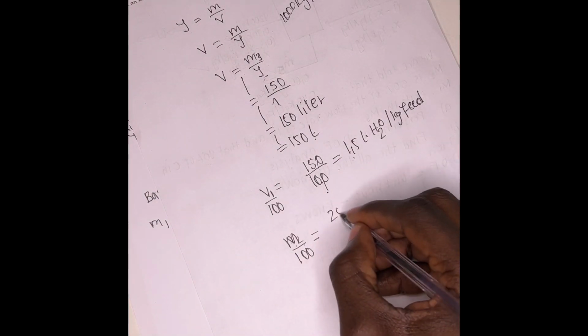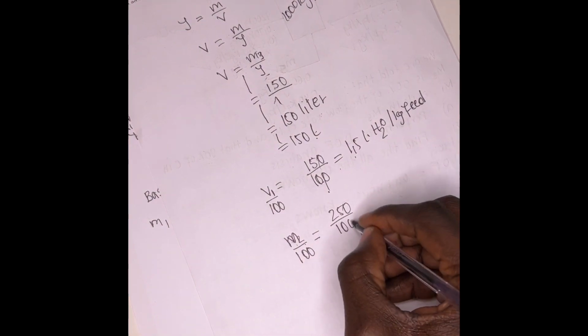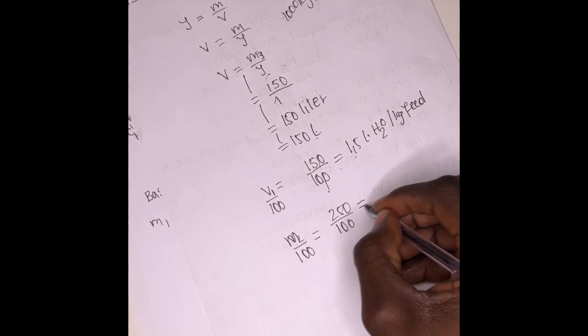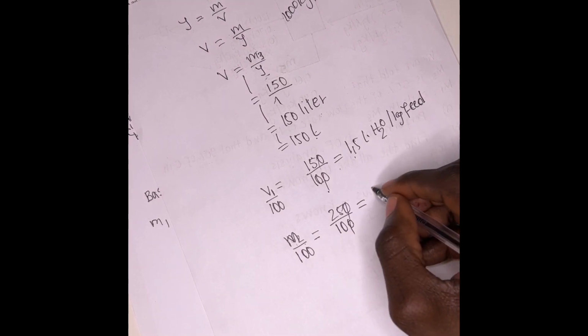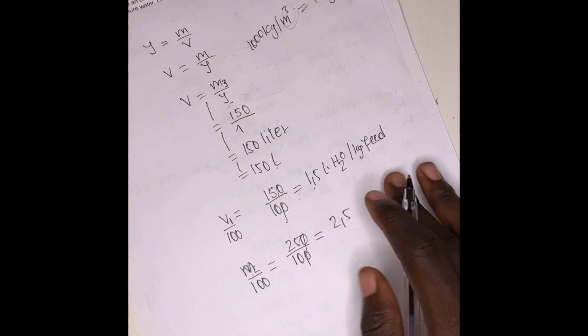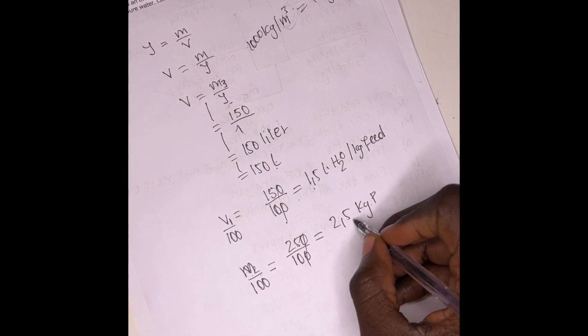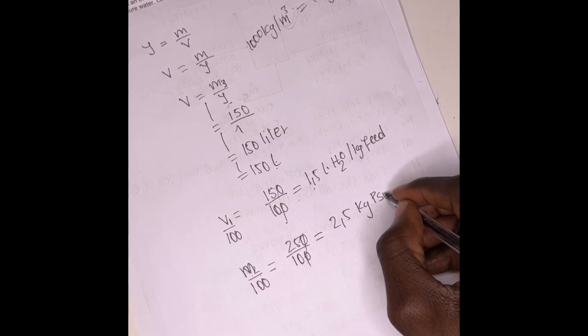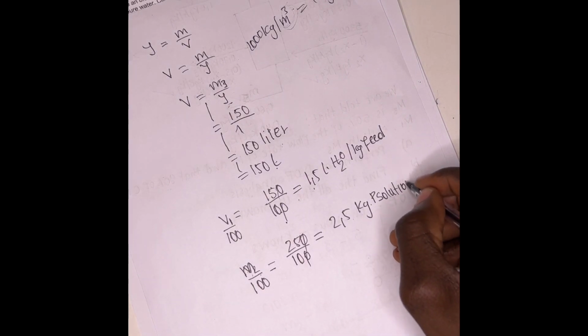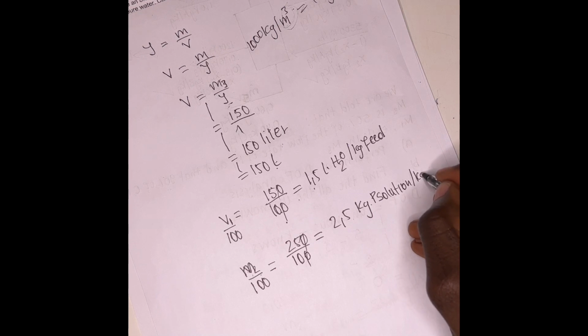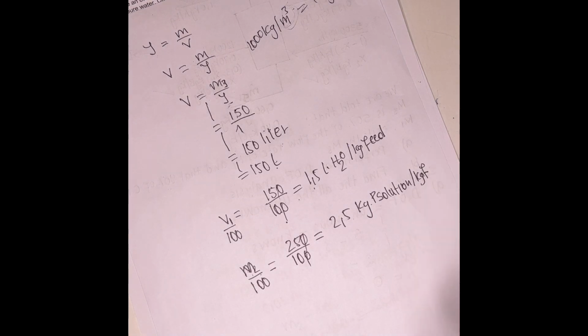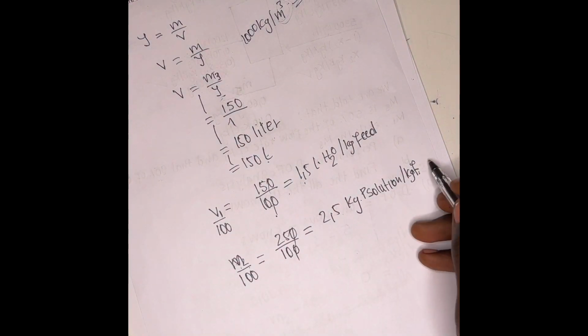So you're going to have 250 divided by 100. This is going to cancel. We're only going to have 25. And then the unit is now kilogram of product solution per kilogram feed solution again. This F is for feed.